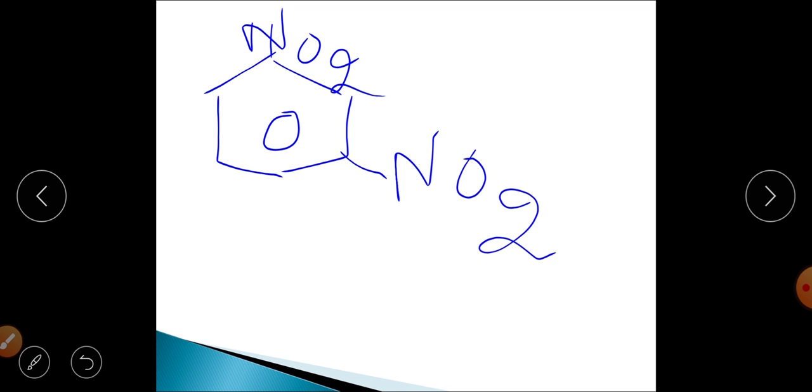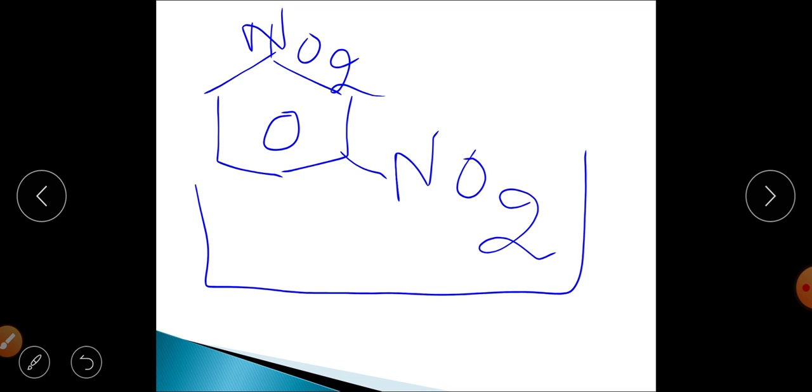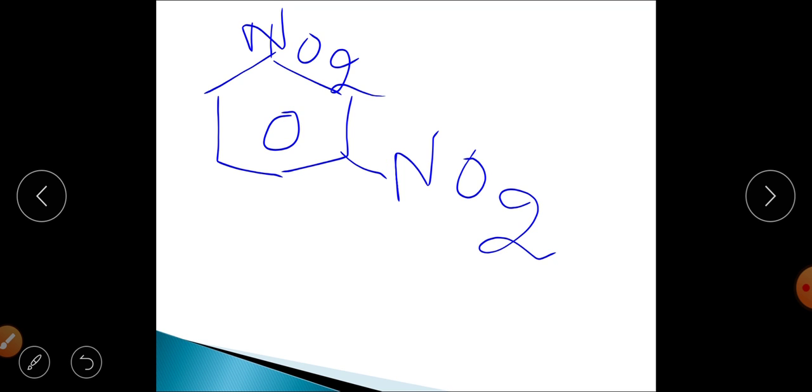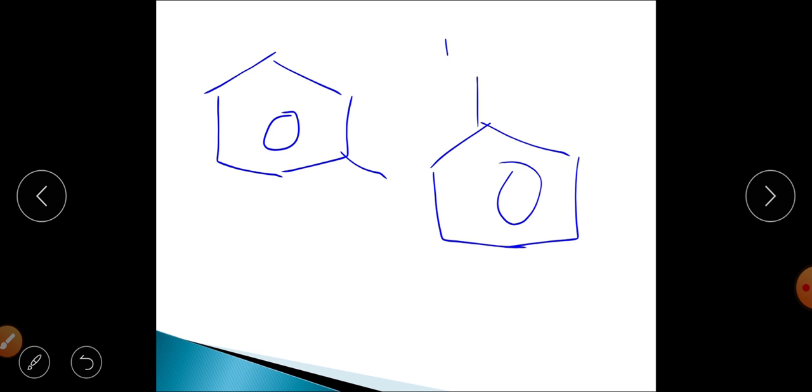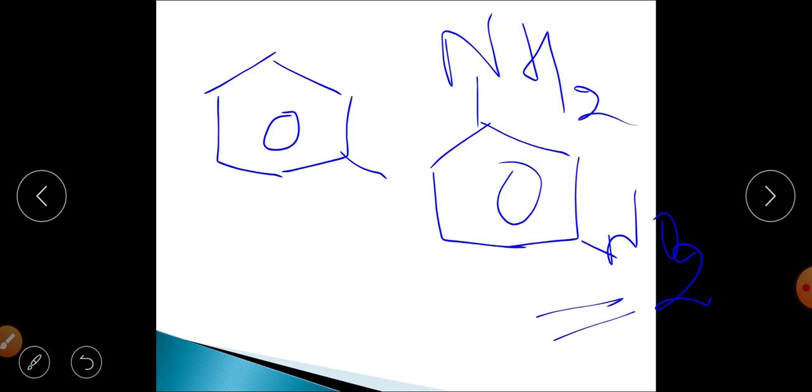So sodium polysulfide or ammonium hydrogen sulfide is a selective reducing agent that will react with the aromatic system, and out of these two NO2 groups, one NO2 group will be converted into NH2 group, and this particular meta-dinitrobenzene will get converted into meta-nitroaniline. So this is another advantage of this type of selective reducing agent, by which we can convert one of the groups into NH2, the second group remaining intact.